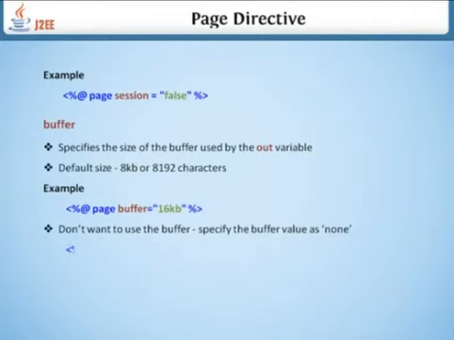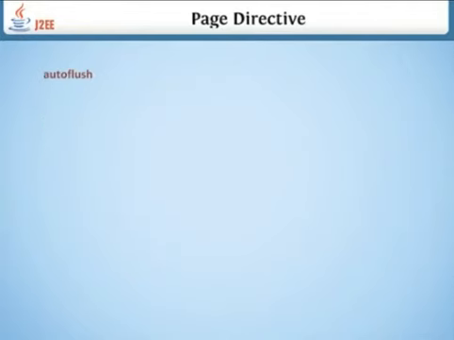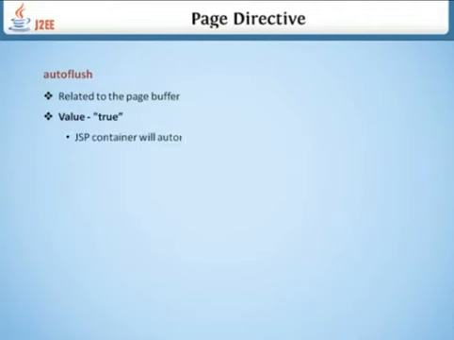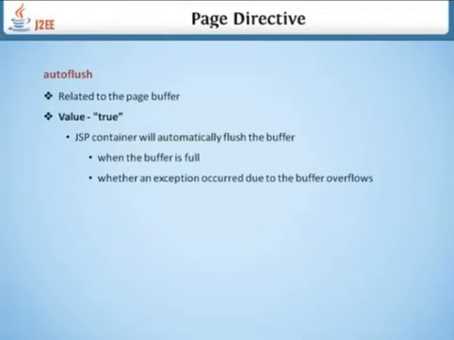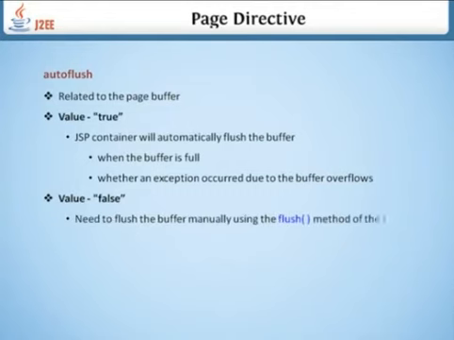Next one, autoflush. It is related to the page buffer. With value true, the JSP container will automatically flush the buffer when the buffer is full, rather than throwing an exception due to buffer overflow. With value false, you need to flush the buffer manually using the flush method of the JSP writer, out.flush.